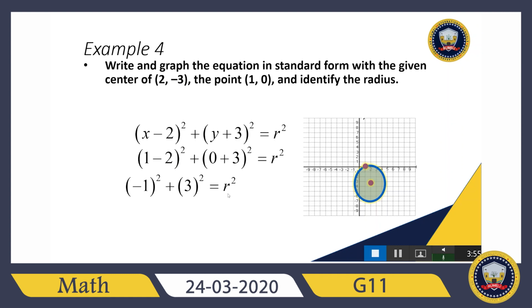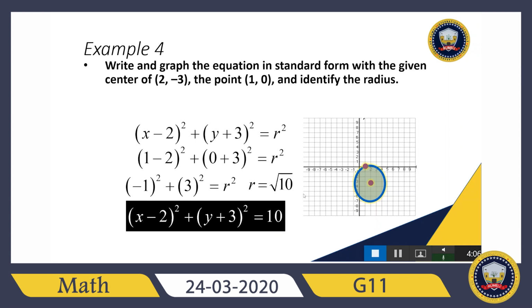So r equals radical 10. So in this case we found the distance between these two points and we already have the center, so we can immediately write the equation of the circle using the center and using r squared. So (x minus 2) squared plus (y plus 3) squared, where (2, negative 3) is the center, and r squared is 10.